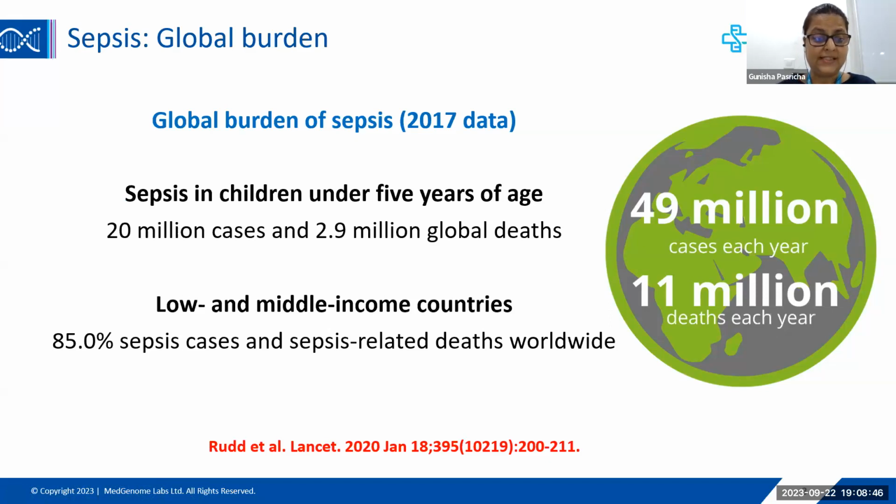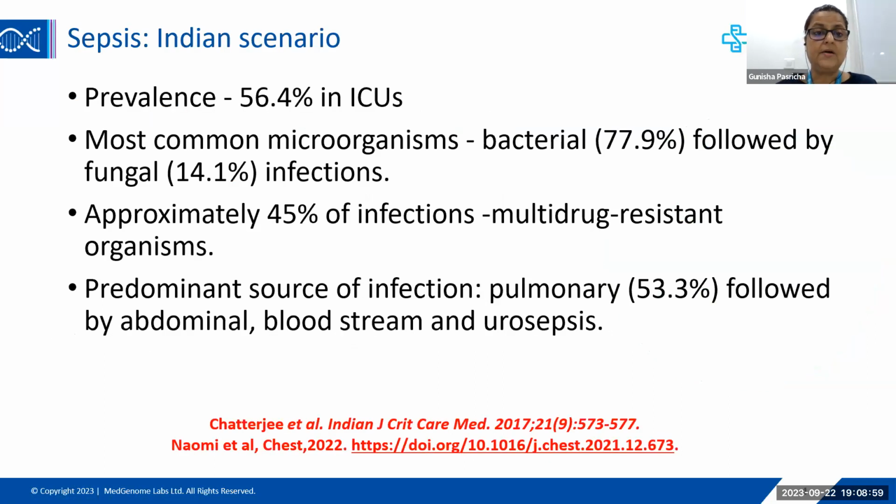Among low and middle income countries, the burden is higher, which is 85%, and the deaths are similar. And what is the Indian scenario? A study published in 2017, and also something published in 2020 in CHEST, says that the prevalence of sepsis in ICU is 56.4.